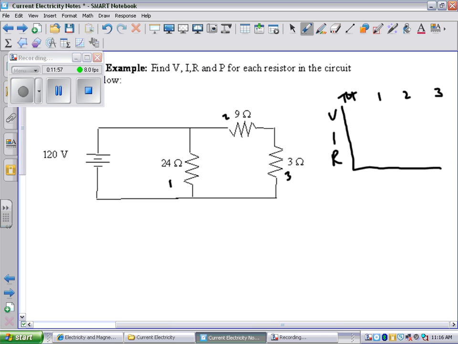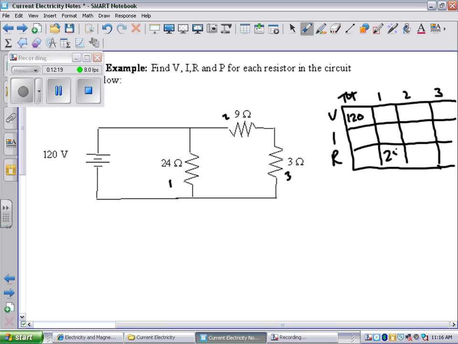My chart, like so. I'll put in my given, so I have 120 volts for the total voltage, 24 ohms for the first resistor, 9 ohms for the second, and 3 for the third.